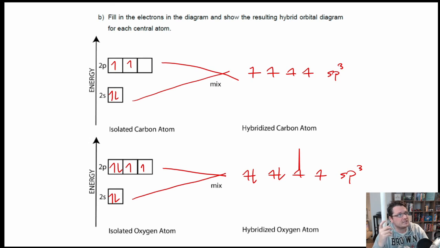Because the carbon has 4 unpaired electrons, it's forming 4 single bonds. In the case of the oxygen, it has 2 lone pairs, 2 completely filled sp3 orbitals, which we see in the Lewis structure, and it's forming 2 bonds, which we see with the 2 unpaired electrons in those cases. So that's how hybrid orbitals and MO theory come together and work together.